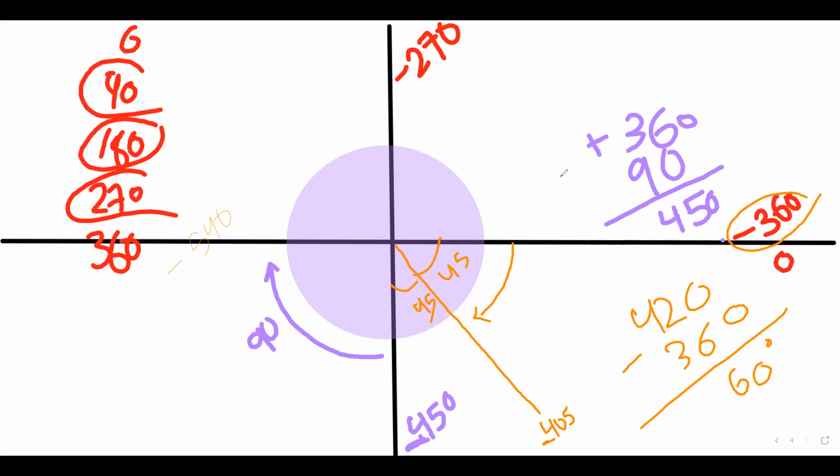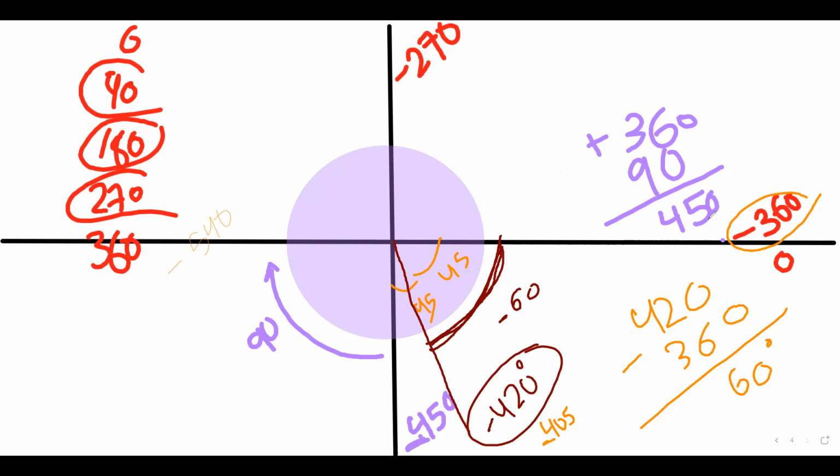So that means if I start from this side and stop at 60, I will get negative 360 plus negative 60. I will get negative 420. Is it clear now?